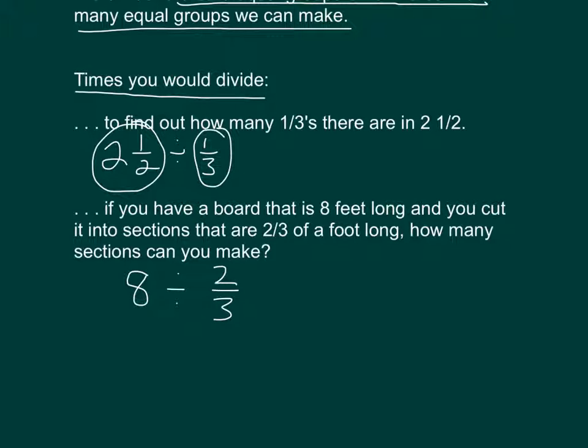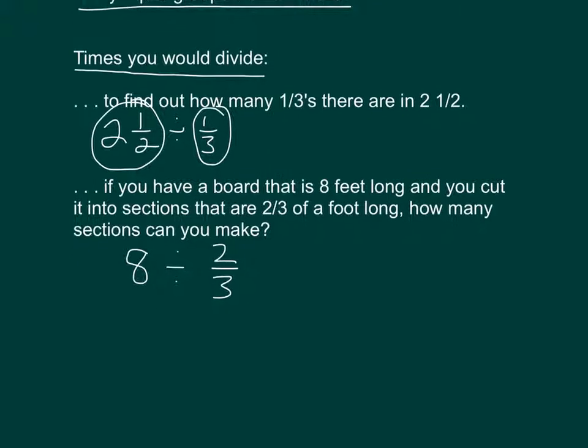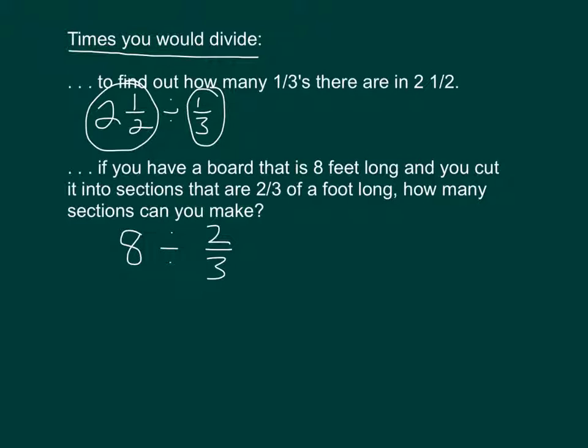So it would be 8 divided by 2/3. Okay? Those are times that you want to divide to figure out how many times a fraction can go into another number. All right. So come up with another example and put it in your notes.